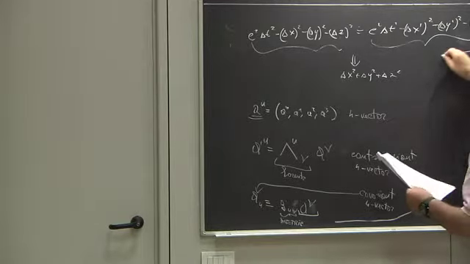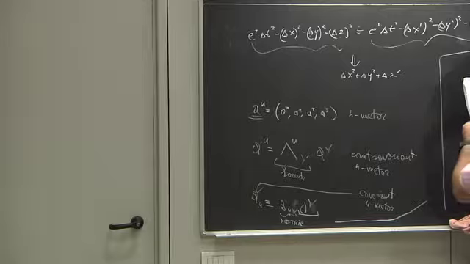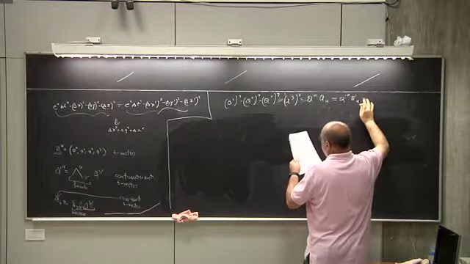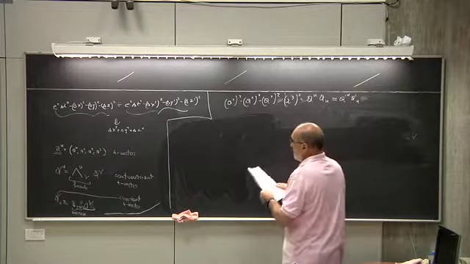Okay, so we have seen that the 4 vector, so a0 square minus a1 square minus a2 square minus a3 square, this one can be written as a_mu a^mu, and is the same as a'_mu a'^mu.